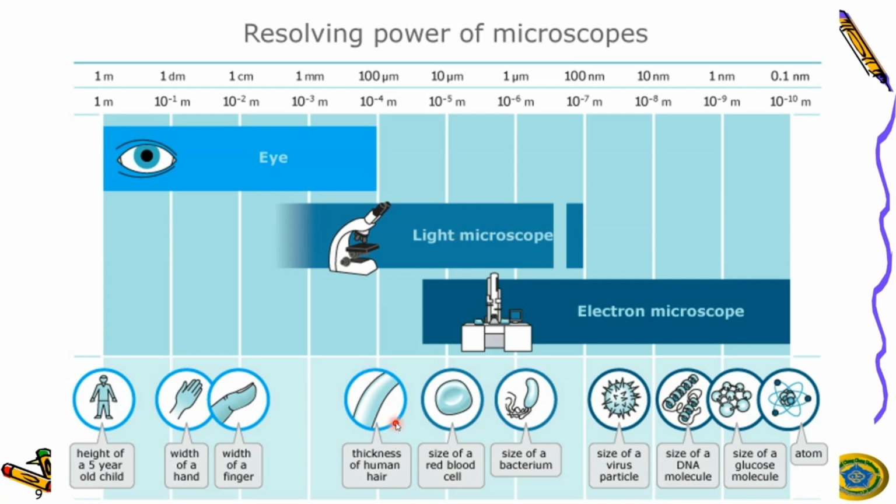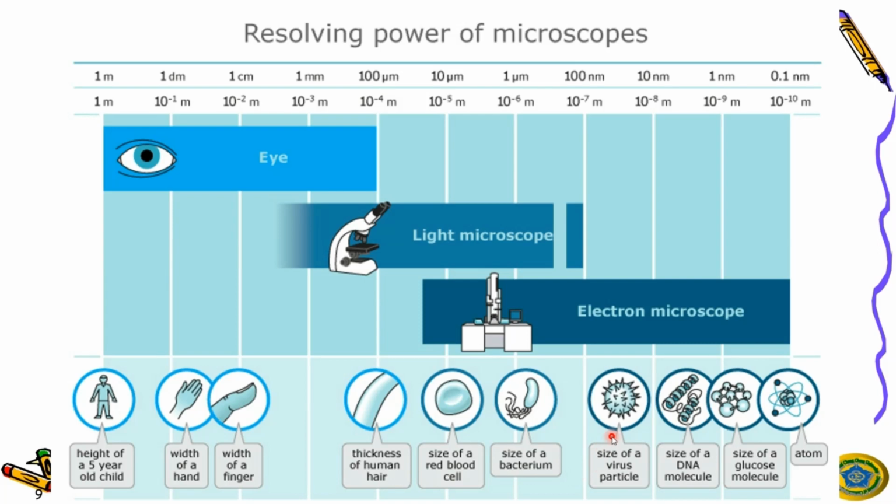If you want to see a red blood cell, a biological cell, or bacteria, you cannot see these with your eye, but with the help of the light microscope, you can see red blood cells and bacteria.